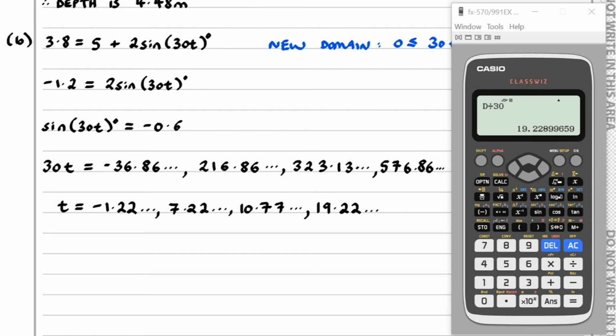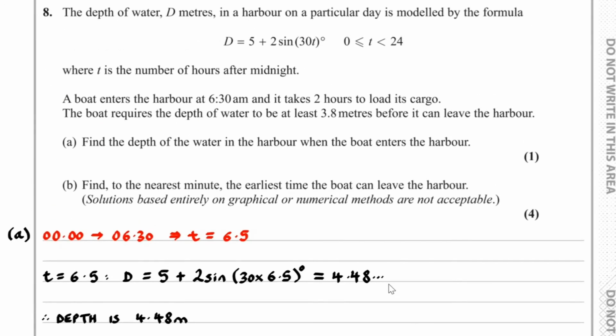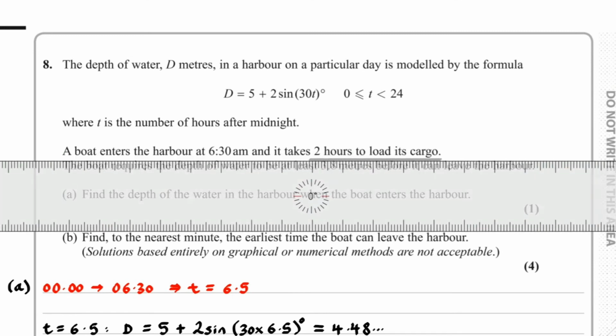Now, this value over here, we need to reject, and that's because t must be greater than or equal to 0. But then this value over here, we would also have to reject, and that's because we have to wait 2 hours for the cargo to load. And that is what's mentioned over here.